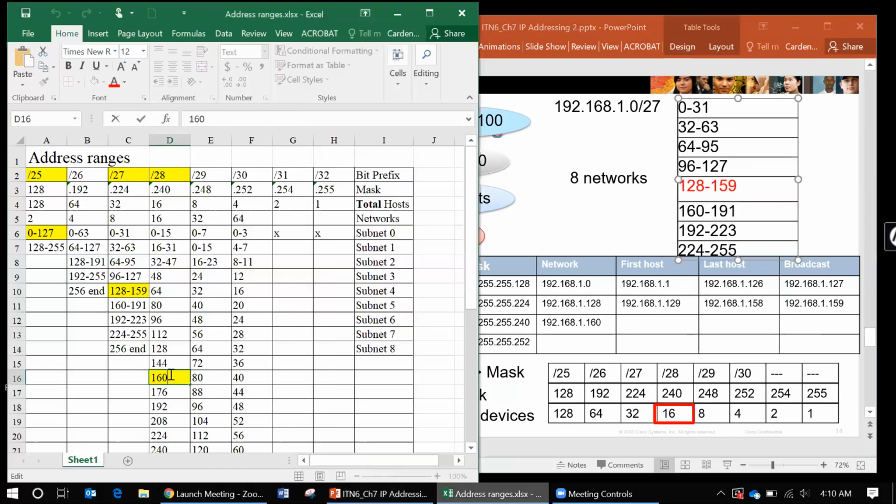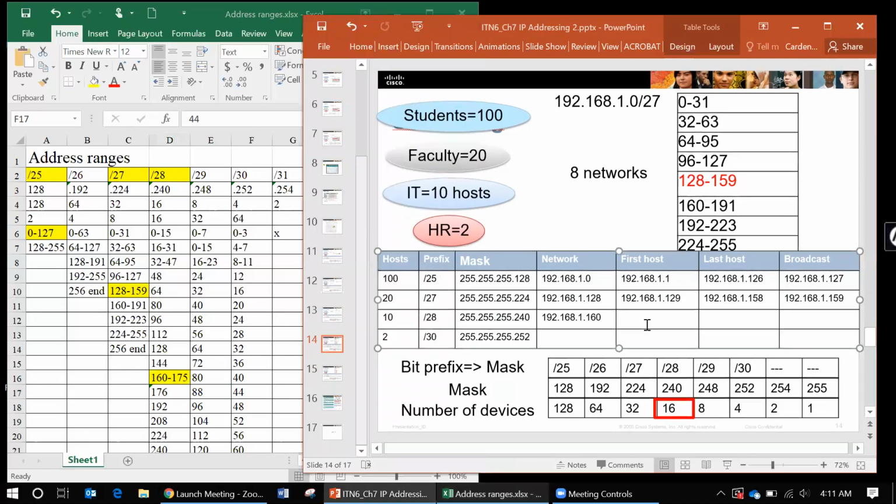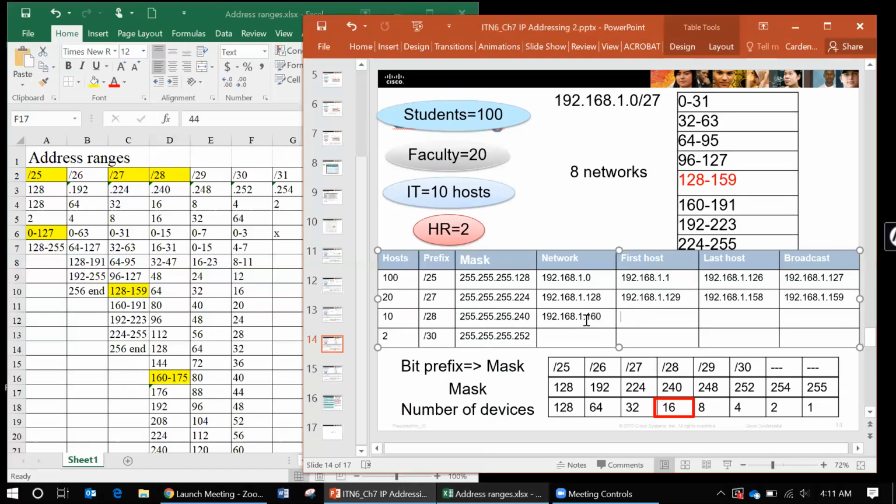Since the next one begins at 176, this one is going to end at 175. So that will be our range here. It starts with 160 and ends with 175.